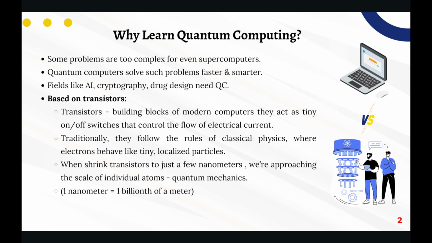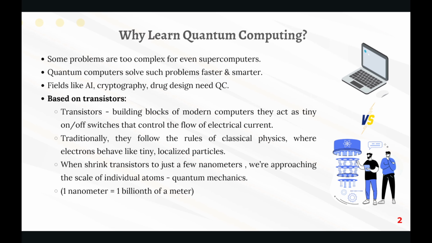When these transistors shrink, they move into smaller nanometers, and those nanometers approach the size of individual atoms. That is where quantum mechanics starts working. Making this into account, all these processes may be done in parallel, making them quicker and faster. Thus, there is a major difference between classical and quantum computers.